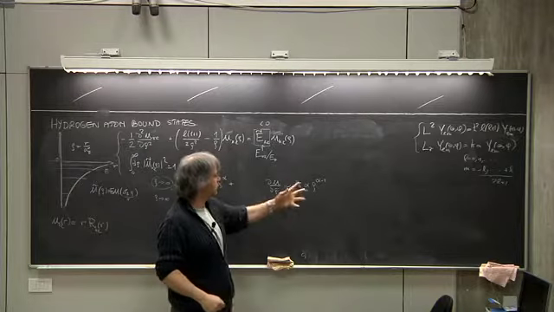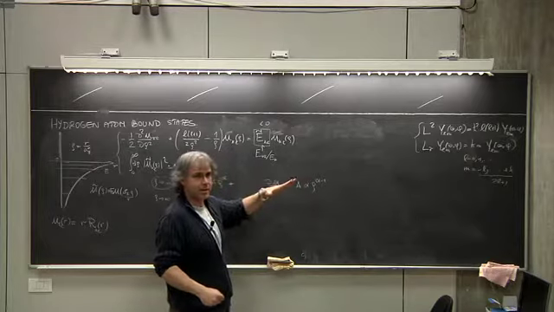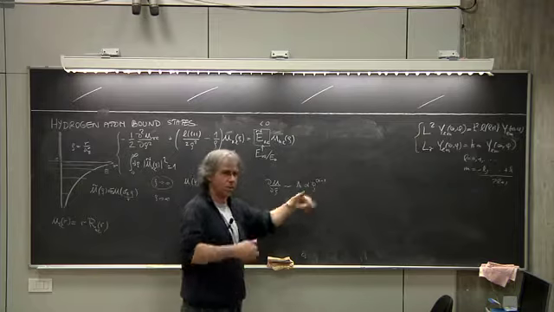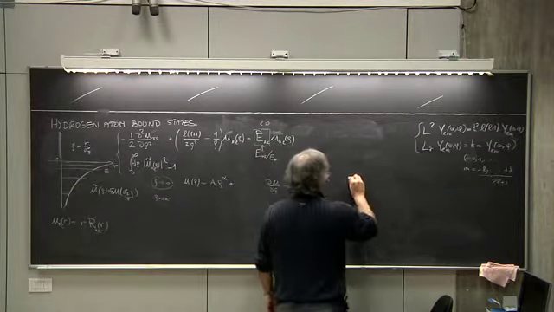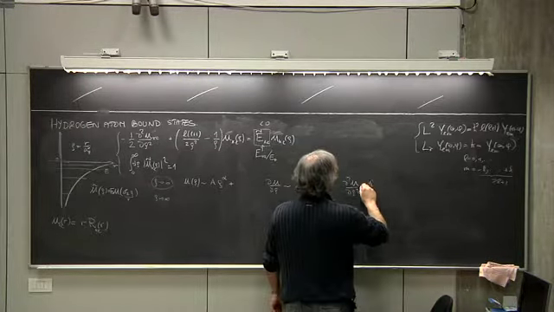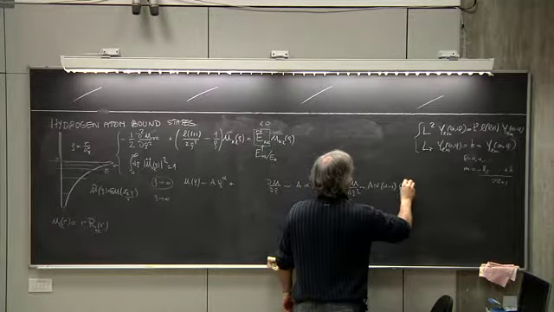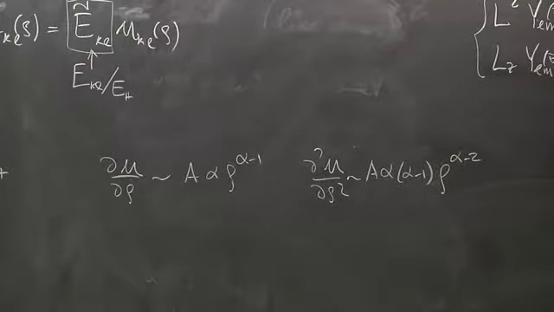For instance, if this was rho square, this would be rho, which is greater. If this was rho cube, it would be rho square, so something bigger. Then I take the second derivative, and once again I reduce the exponent, so I get alpha times alpha minus 1 rho to the alpha minus 2. So you see the second derivative is more prone to be bigger.